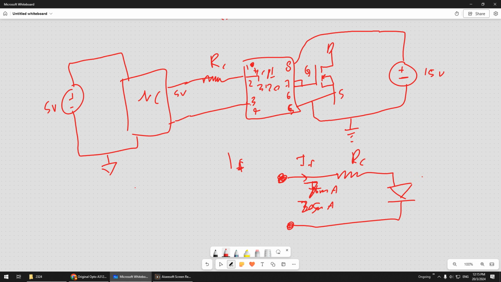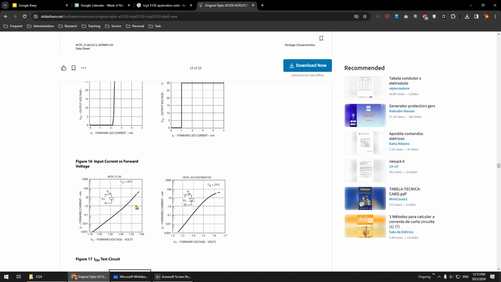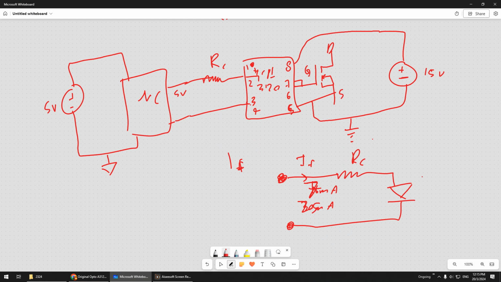So if you look at the data sheet here, the current changes. It's around here actually, around 1.55, that is the standard. So plus minus 1.55. Because your signal is 5 volt, if you use Kirchhoff voltage law, the RC equals 5 volt minus 1.55 because of the voltage drop here.